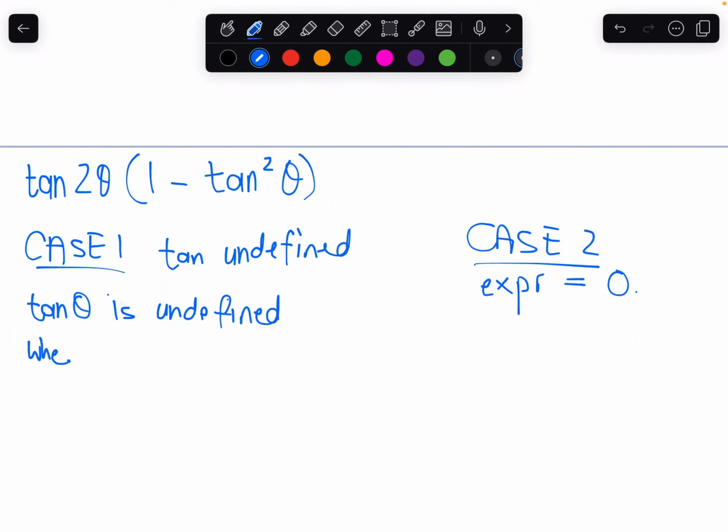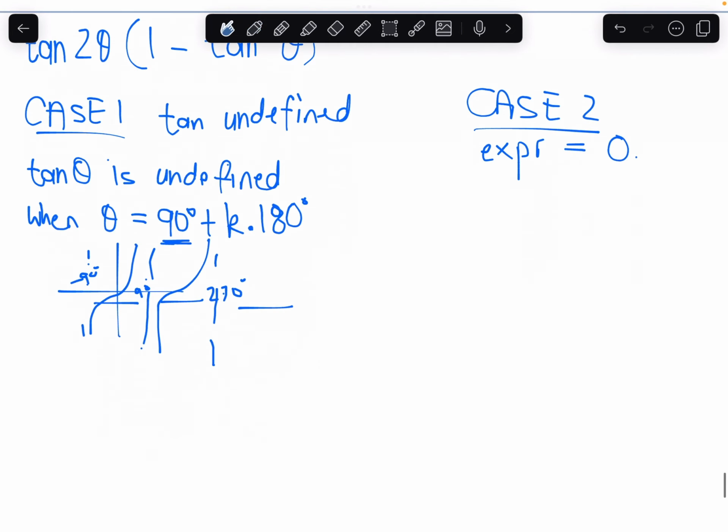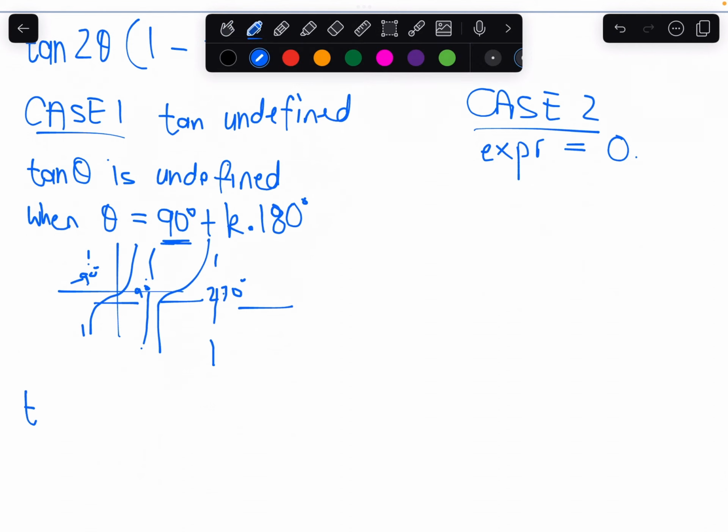when theta is 90 degrees plus however many periods, right? So if you look at your normal tan graph, you have these asymptotes that are occurring at minus 90, 90, and then you have the curve again, and then at 270 you have another asymptote, right? So that's 90 degrees plus a period plus another period plus another period, or minus a period, and so on, right? And then where is tan of 2 theta undefined?